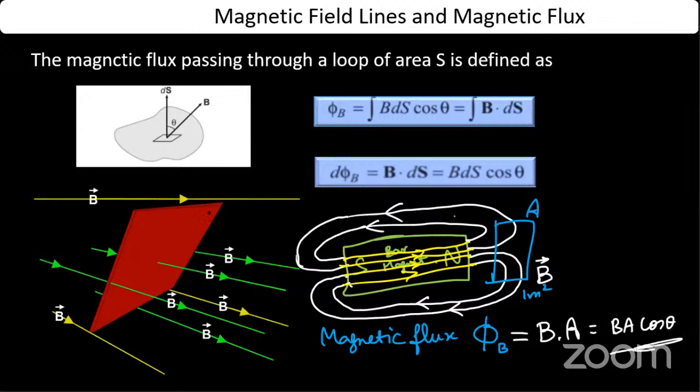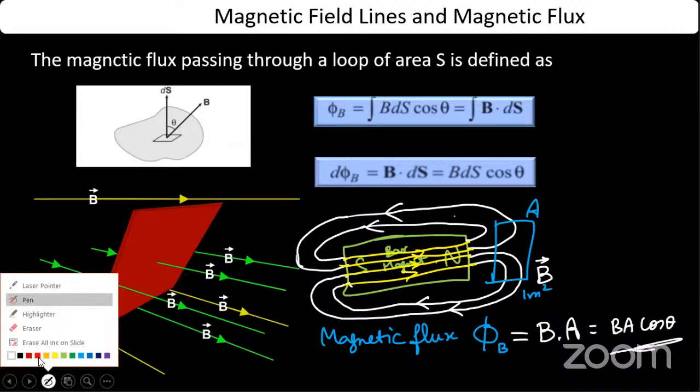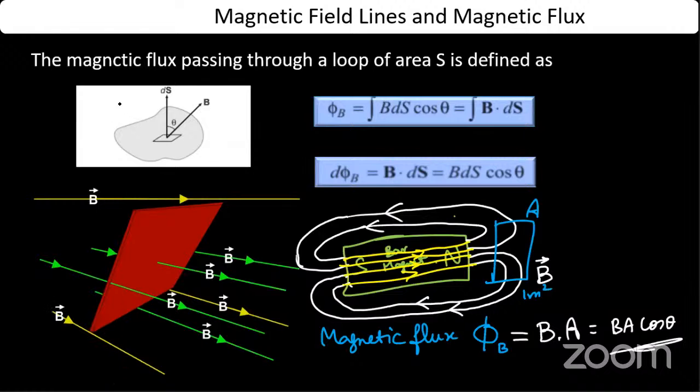So how do we calculate that? That's being represented here. Say I have a surface area. In this surface area, if I have to calculate the flux, I'll first consider a small area dA. Here this dA is represented by ds.